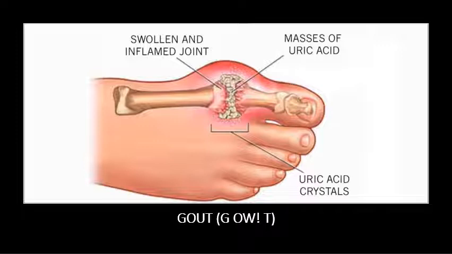It's usually sudden in onset, and it's kind of scary. The sites usually affected are the big toes, heels, ankles, wrists, fingers, knees, or elbows. What you'll see is exquisite pain, redness, inflamed tissue, and sometimes, but not always, some fever associated with it as well.